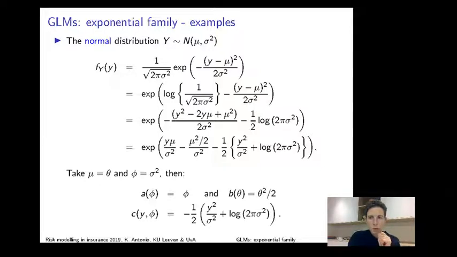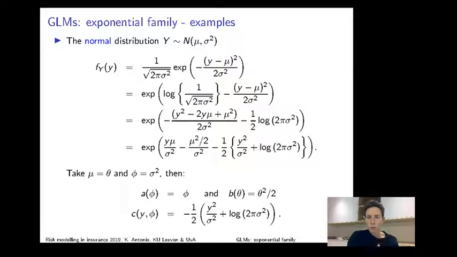Moreover, you can convince yourself that the expressions for the mean and the variance, which we derived earlier on sheets 7 and 8, are true. Indeed, the first order derivative of b with respect to theta is theta. And since theta equals mu, you retrieve the mean of the normal distribution. The second order derivative of b with respect to theta is equal to 1.